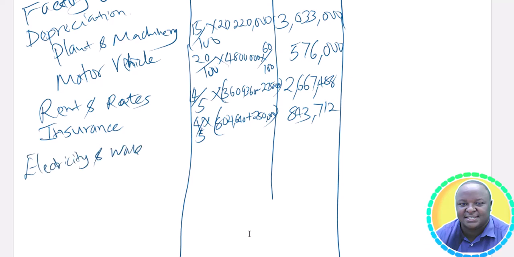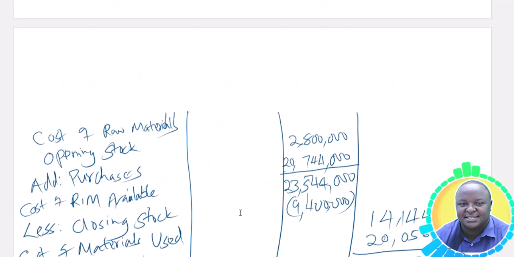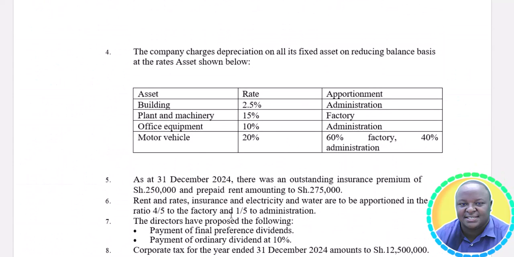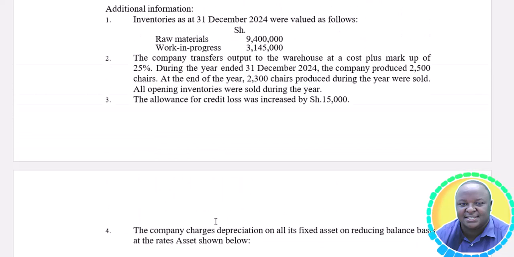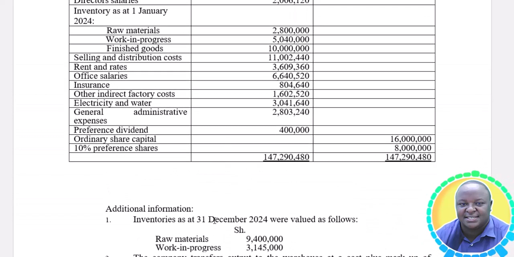And then of course we'll talk about electricity and water. Also in electricity and water we have 4/5, and for the electricity and water, I think there's no adjustable information affecting it.